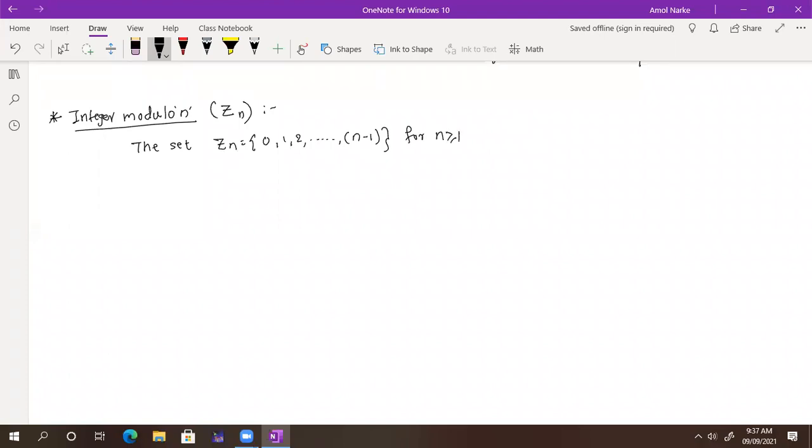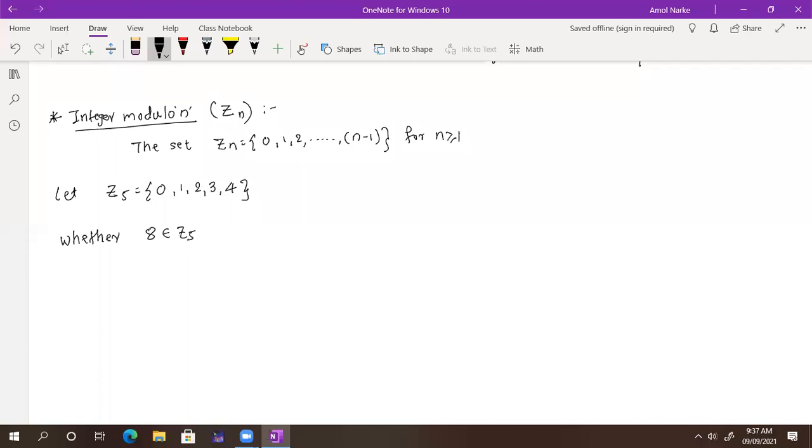So this is my Zn. Now what is the meaning of that? Suppose I have Z5. How many elements do we have in Z5? It is 0, 1, 2, 3, and 4. My question is whether 8 belongs to Z5.